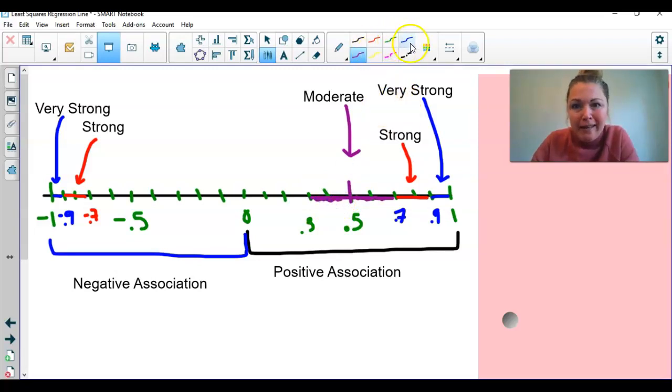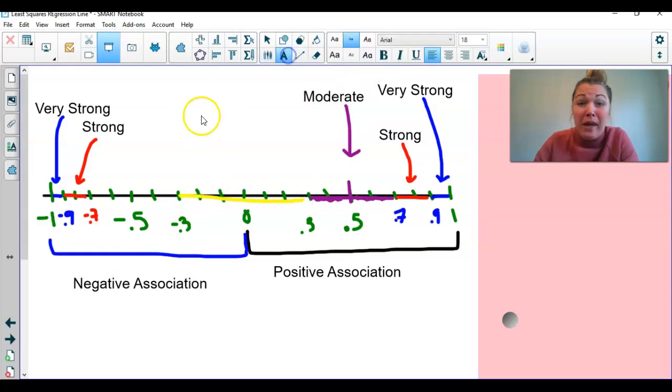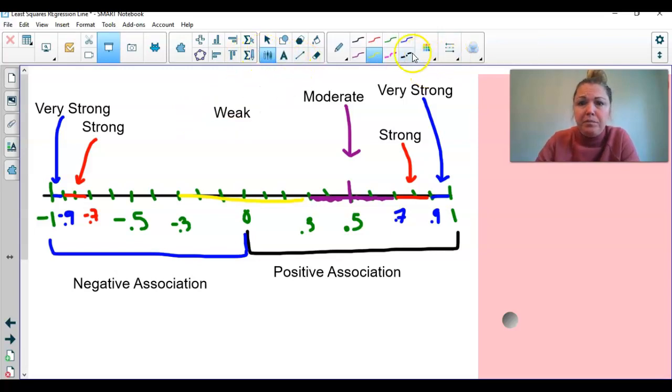Why? Because I talk about anything from -1 to negative 0.3, which is right here, as being a weak relationship. And the same is over here, you guys.